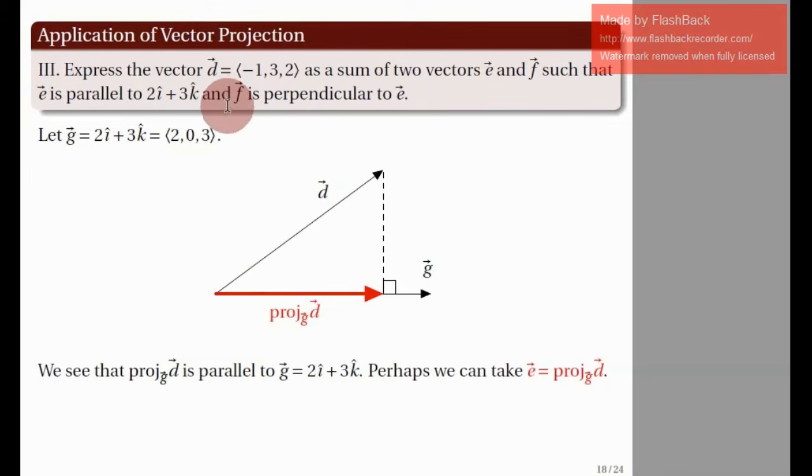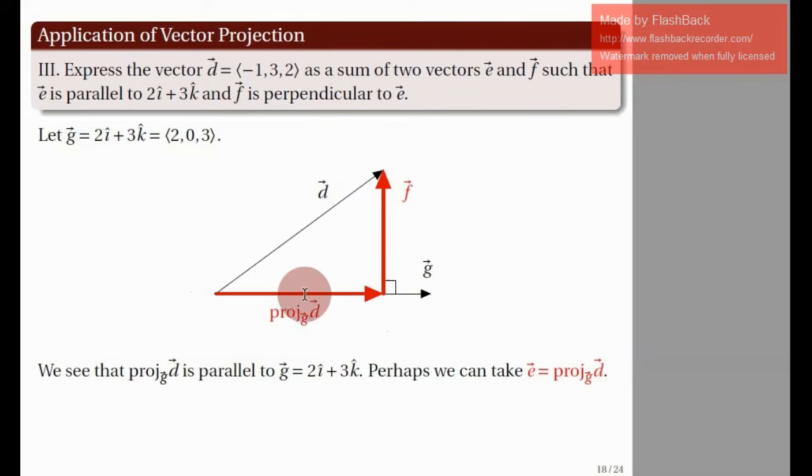Now, what we need to find this time is vector f. I want us to look at this vector right here. What if we try making it our vector f? Well, the projection of vector d onto vector g is this vector here. And our prospect for our vector f is this vector.